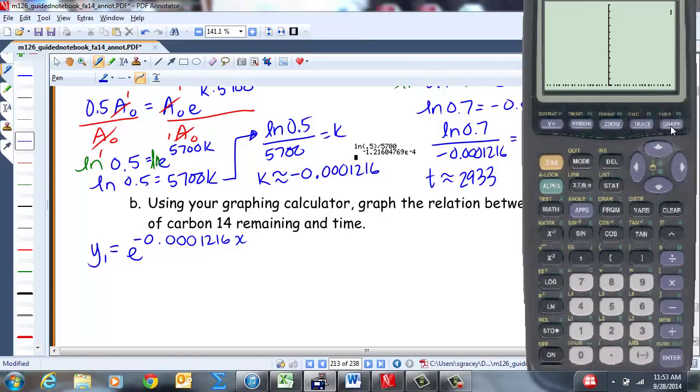And we'll have to adjust the window. Let's go y from like 0 to 1. See how that does.